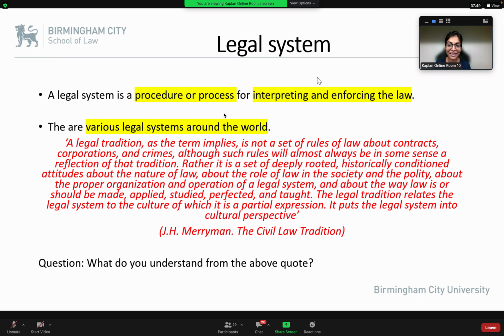Don't understand anything? At least give me one keyword. Constitution. I never spoke anything about constitution here. In this code, there's no reference to constitution, right? What else? Just look at this code here.